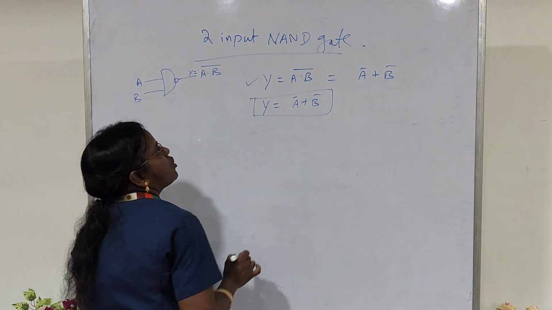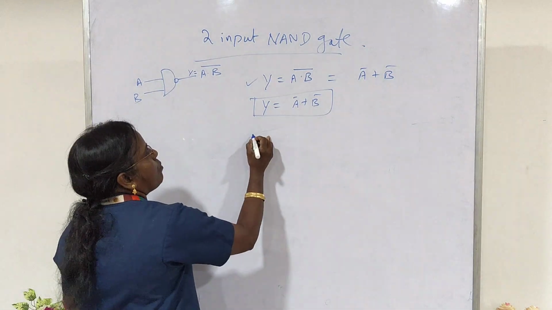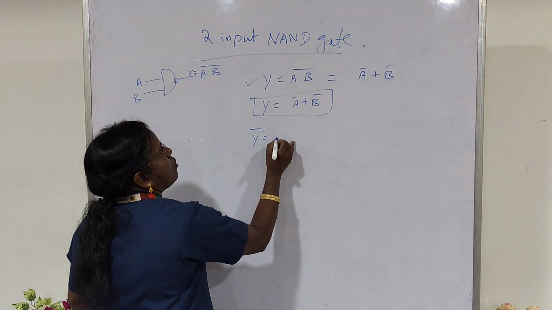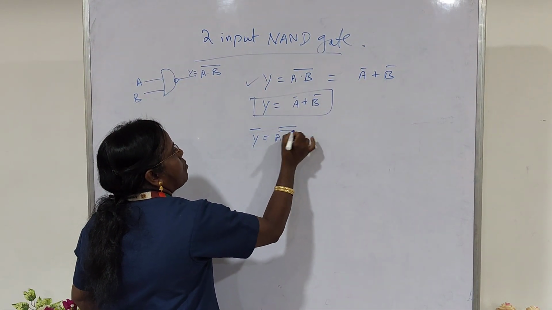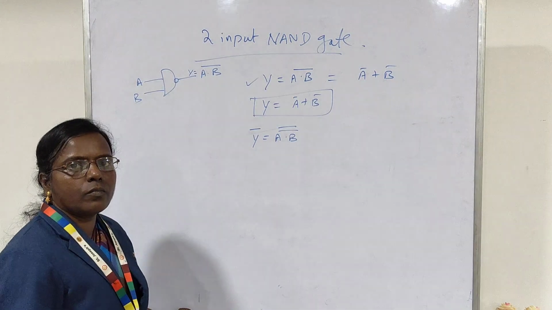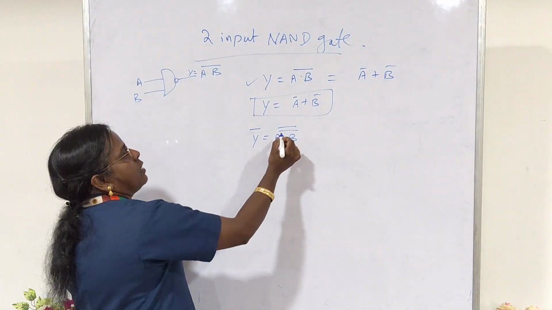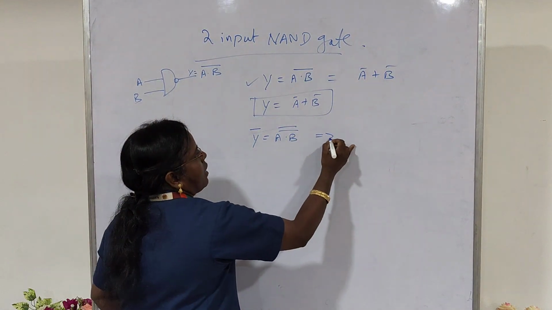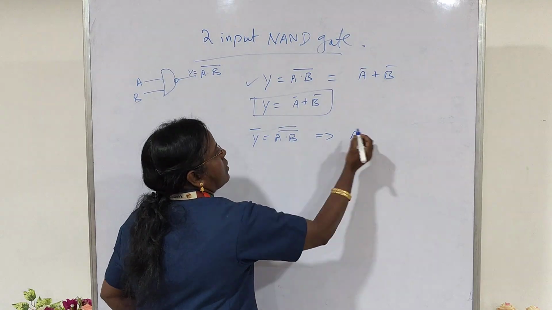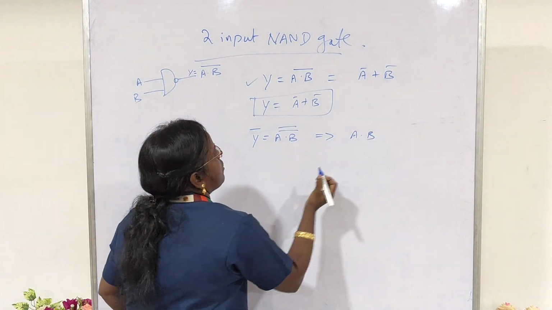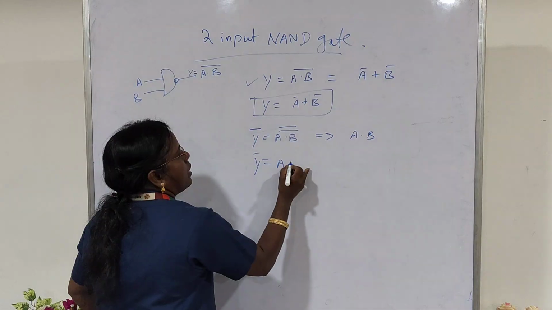Now take this function and complement. What will we get? Y bar is equal to A dot B double bar. Okay, so here the double inversion gets cancelled. So Y bar is equal to A dot B.